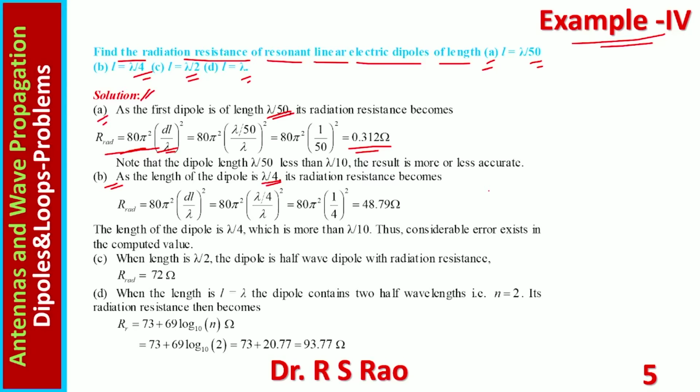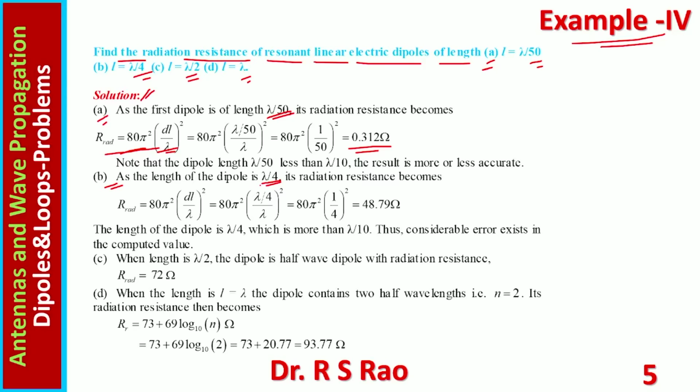But in the absence of any other formula, we use the formula of elementary dipole to find the radiation resistance of lambda by 4 dipole.